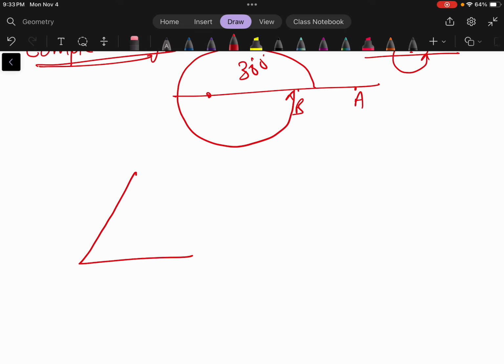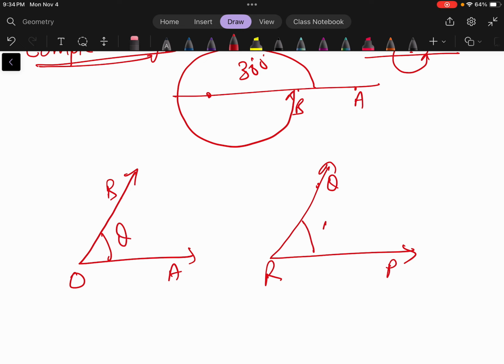One more angle that we will discuss. We have now two angles. This angle is A, this is B, and this is O. Another angle somebody has drawn here: this is P, this is Q, and this is R. If this theta is equal to this angle theta, it means these two angles are congruent angles. Both angles are equal.